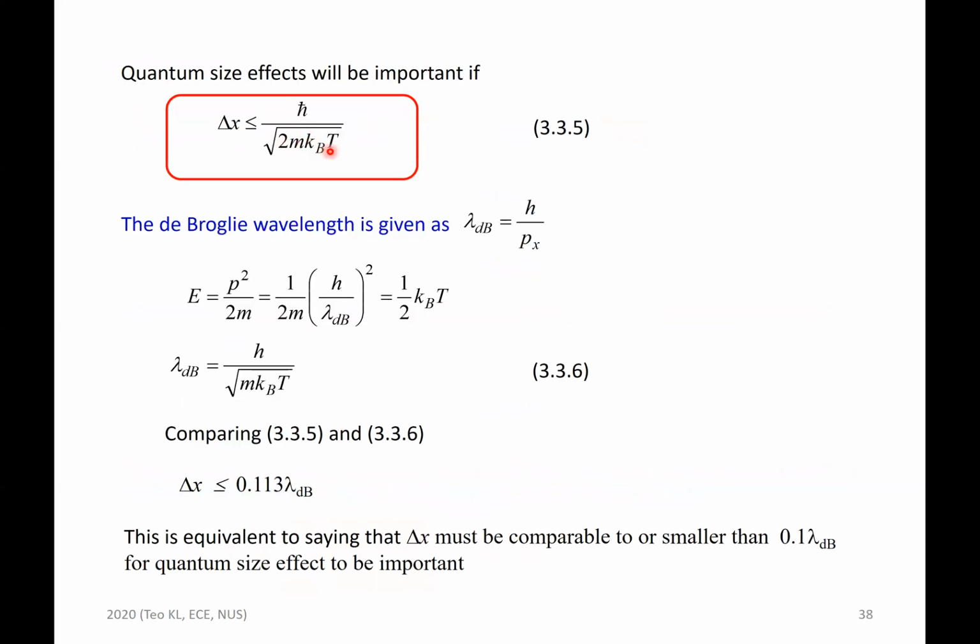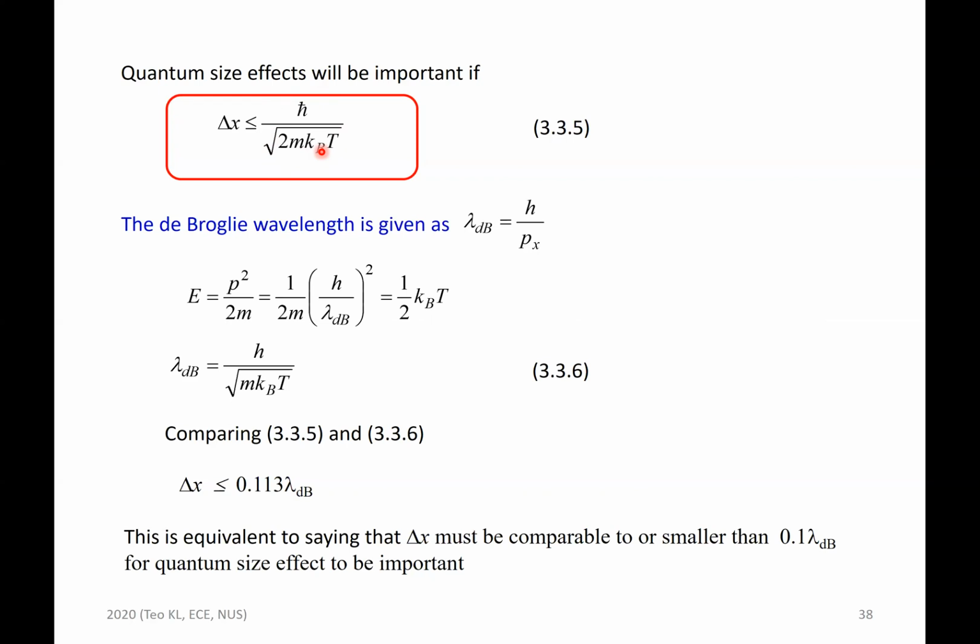So it will be inversely proportional to the square root of temperature, which means that as far as we consider the geometrical size of a semiconductor, if delta x is less than or equal to this term, then there is quantum confinement, and therefore the quantum size effect becomes important.